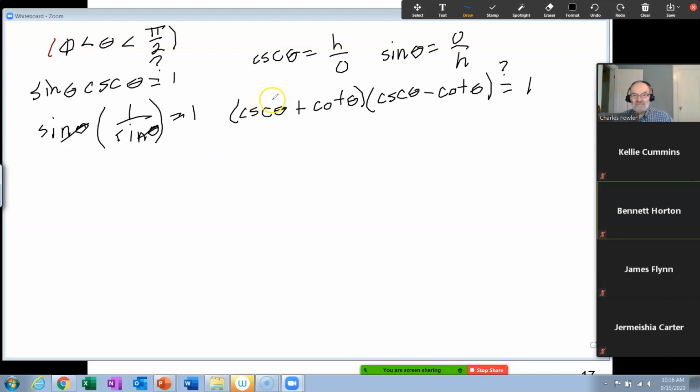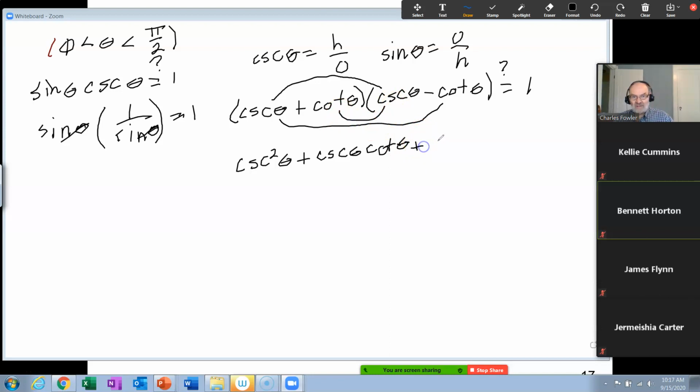If nothing else, you can FOIL it. First is cosecant squared theta. Cosecant times cosecant is cosecant squared. Then FOIL outer is cosecant by cotangent. So that's plus cosecant theta cotangent theta. Then the inner, FOIL, the inner would be plus cotangent.